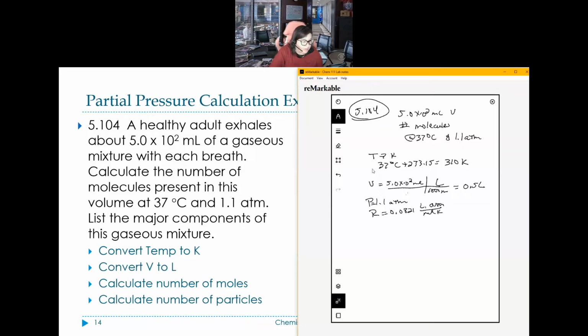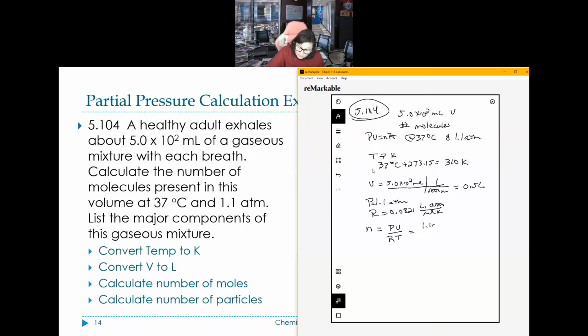And if I want number of molecules, that means I need to get to the number of moles. So n is equal to, PV equals nRT, so n is equal to PV divided by RT.